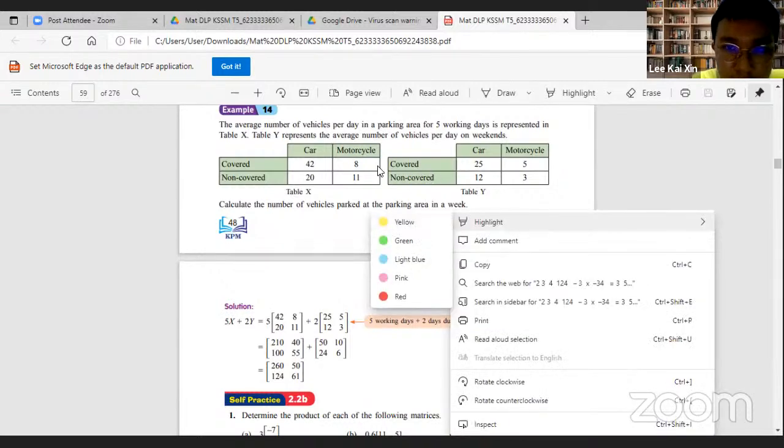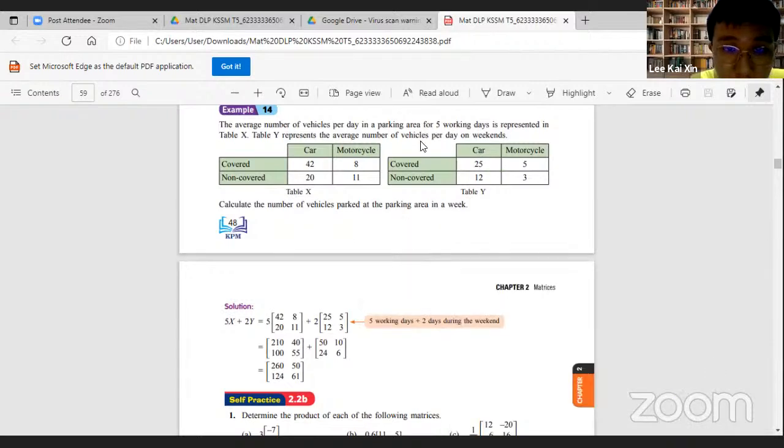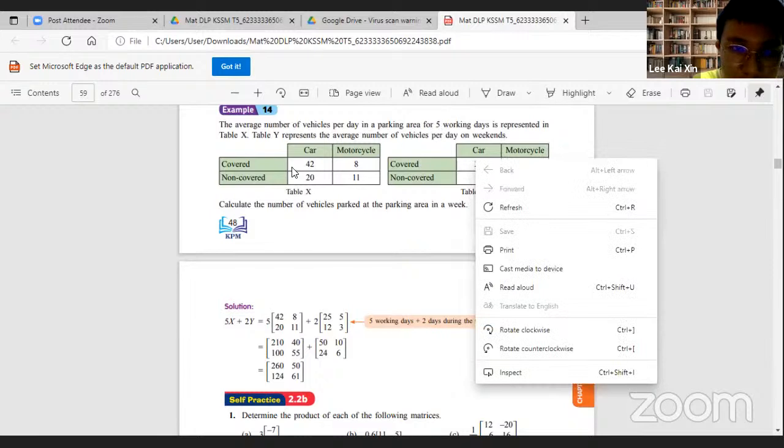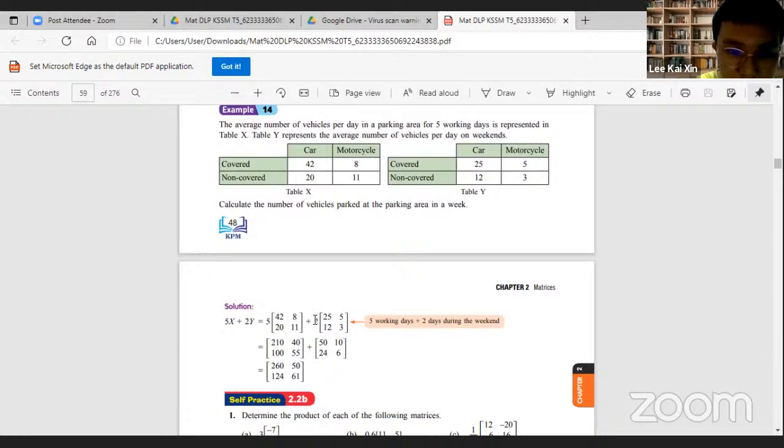So this one is on weekends, and this one on working days. So for the whole week, we add both of these together. Per working day is like that, for 5 working days. Weekends are 2 days, so we need to times 2. Okay, so we add these, we'll get the answer. So let us do some questions.